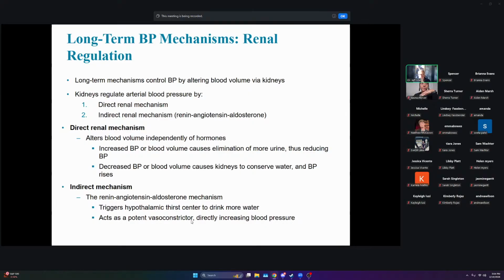Okay, so kind of a two-pronged attack from the hormones renin, angiotensin, aldosterone released by the kidneys. It's going to signal to make you thirsty, so you take in more fluid, so the direct renal mechanism can work, and at the same time, vasoconstrict or narrow those arterioles to temporarily increase blood pressure until that water ultimately gets on board. And again, we'll get more into that when we get to the urinary system.